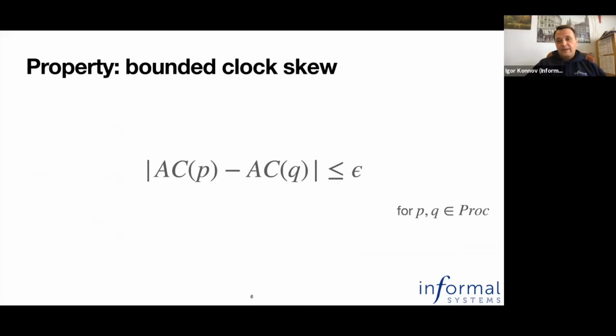So basically, the goal of this algorithm would be to compute these values AC for each processor, for each computer, so that the difference is smaller than some epsilon. And epsilon depends on the number of machines, or depends on your setup. So the algorithm should tell you what this epsilon is about.